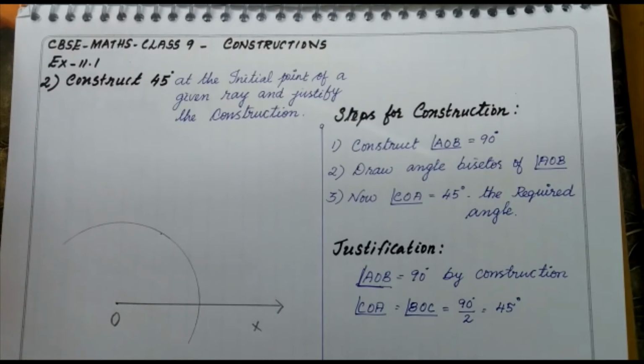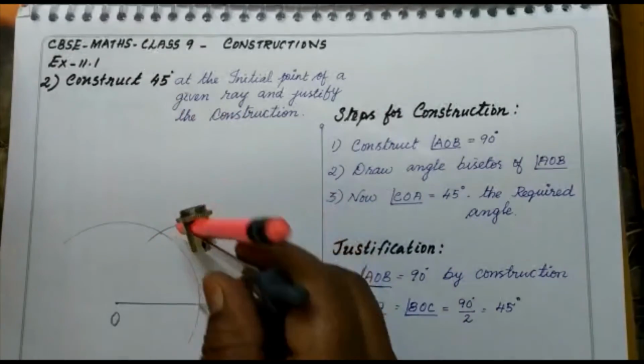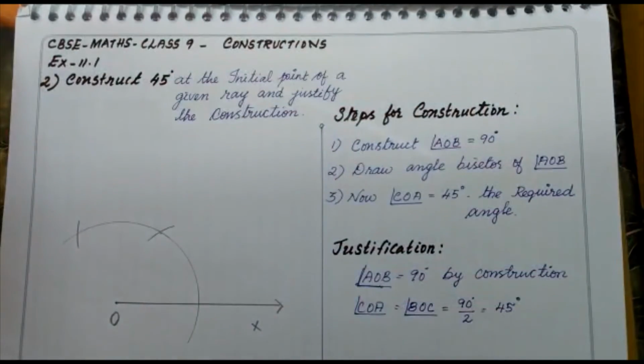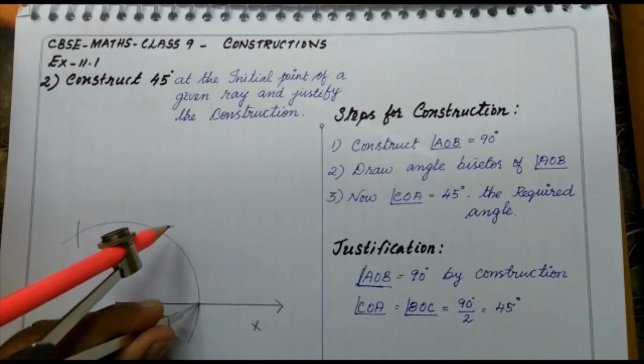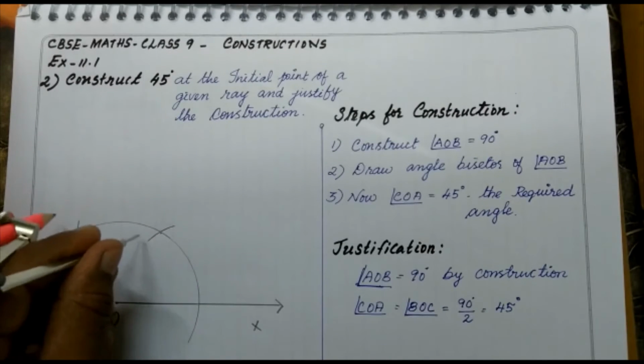Here, as we are specifying 45 degree, no need to give more names. Just cut two consecutive arcs, one arc 60 degree, another arc 120 degree. What I did: with O as center, I have drawn a longer arc. With the first point, I cut one arc. With the second point, I cut another arc.